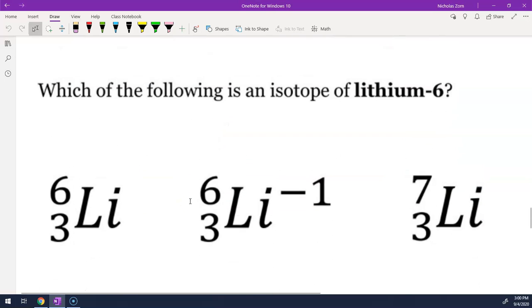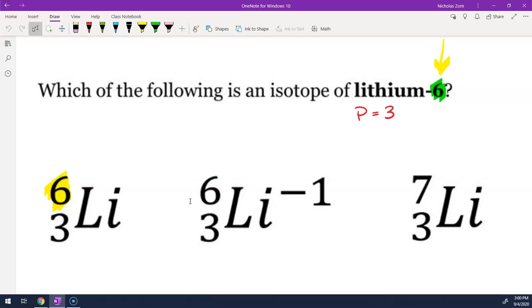Which of the following is an isotope of lithium-6? So the 6 right here is the mass number. Lithium on the periodic table has 3 protons. So looking at our options here, this first one here has a mass number of 6, which is the same mass number that we have right here. So that's the same thing, basically.